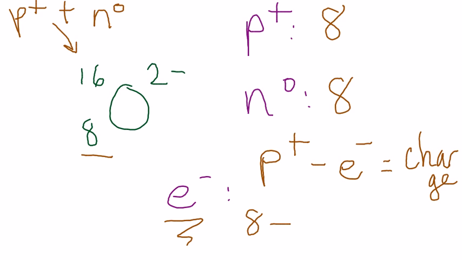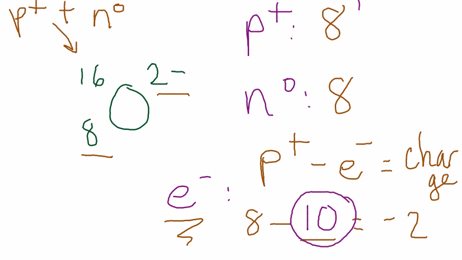We don't know the number of electrons, but we know that when we subtract them, we get the charge, which is -2. So what's it going to have to be in order to do that? Hopefully, you see that this is going to have to be 10. 8 minus 10 is -2. So there you go. The number of electrons here is 10. So we have 8 protons, 8 neutrons, and 10 electrons.